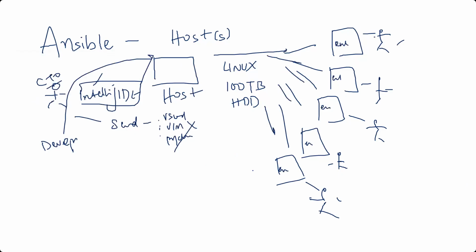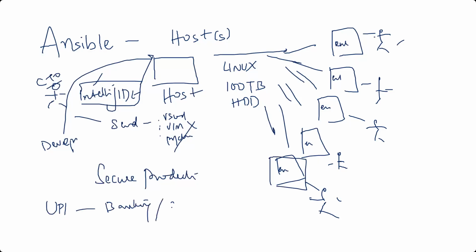This may not be serious for all software providers, but for people who build secure software products. For example, UPI is a very secure product which requires a serious closed development environment. All banking applications, all stockbroking apps, whoever builds these backend or front-end stockbroking apps, need to follow certain fixed internal guidelines while building the system.